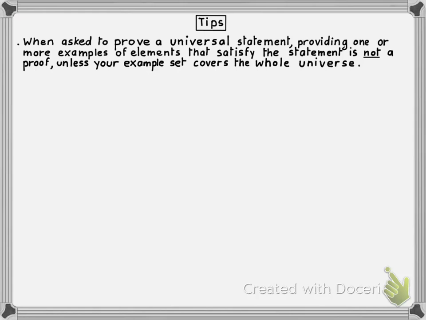But that's unusual since typically a universe would be infinite. So just remember, considering examples might help you understand a proof, but proving something for a few examples is not the same as proving it for a universal statement with a for all x.